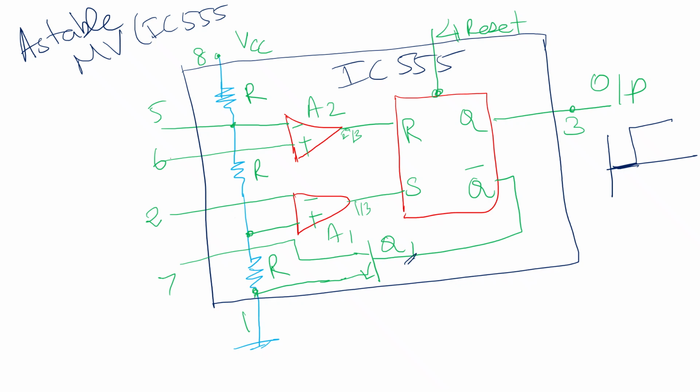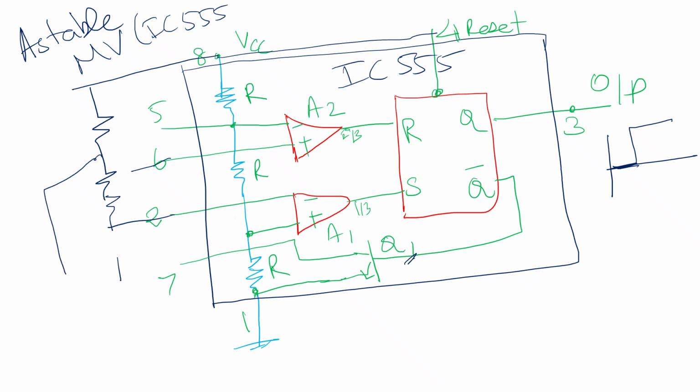So taking the sixth pin and the second pin, we have a small extension of this with two more resistors connected, and the seventh pin, two more resistors connected in this manner.